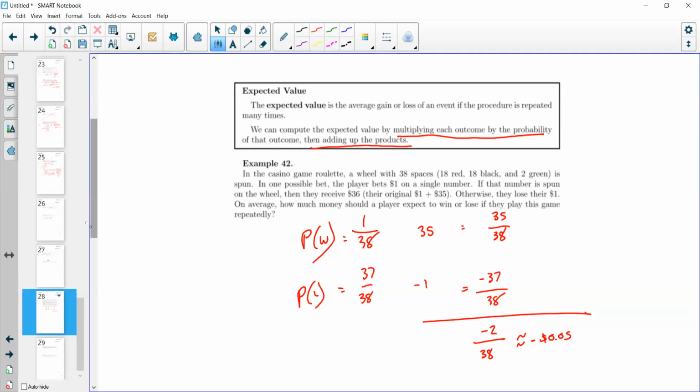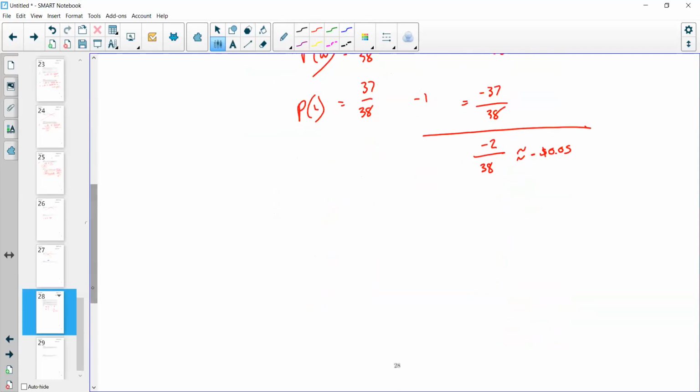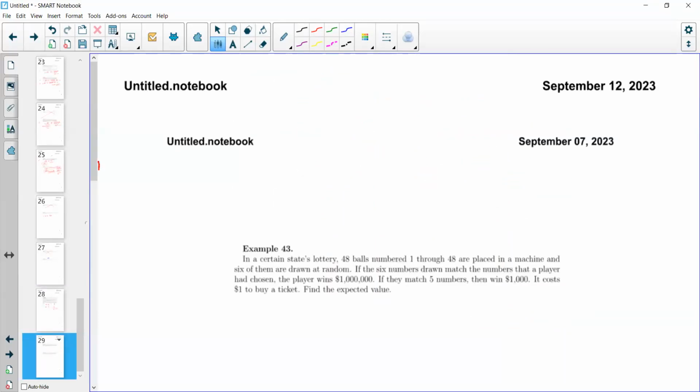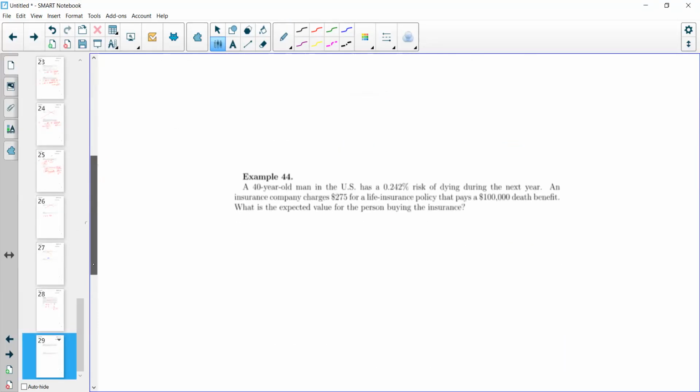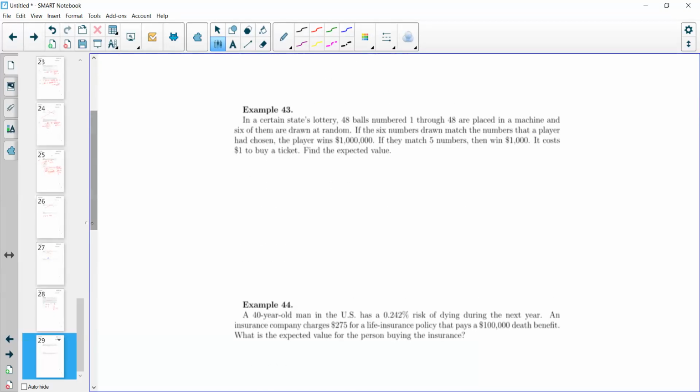And that brings us back to what I've been talking about all along. Going back to that state lottery. There's 2 things left.